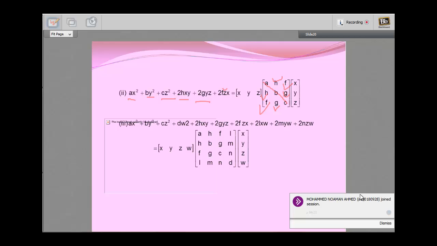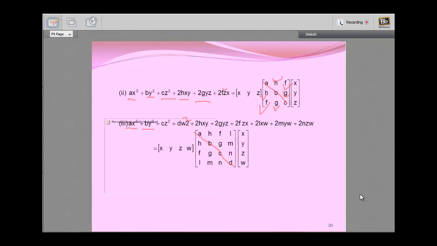Similarly, if we have any 4 variables, ax square plus by square plus cz square plus dw square. If we have 4 variables, how can we write it? First of all we will write the main diagonal: a, b, c, d.